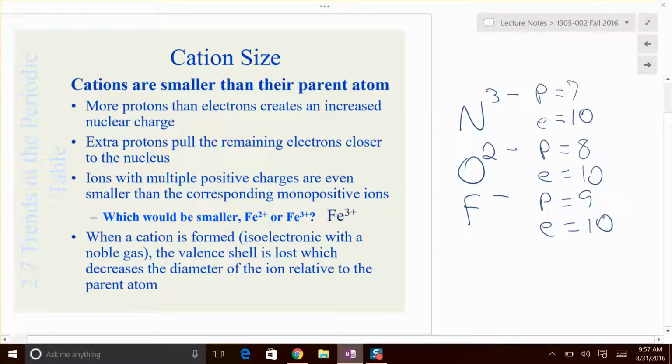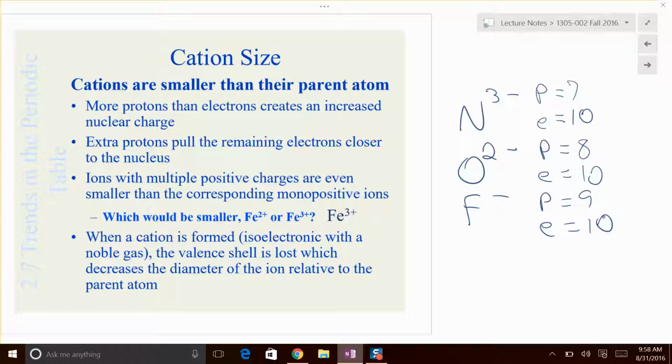Hopefully you can now see why nitrogen is the biggest. Because it has the least number of protons for the same number of electrons. Nitrogen has to hold on to 10 electrons with only 7 protons, whereas fluorine has 9 protons holding on to 10. So it's going to be smaller because it can hold on to them better than nitrogen.